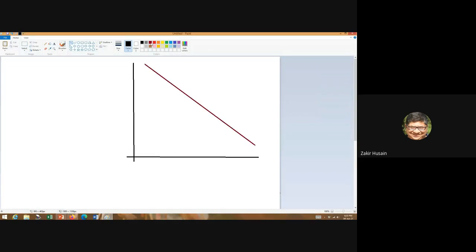Remember that the LM curve is like this. So let's assume that we are at this portion of the LM curve. So this is the LM curve.